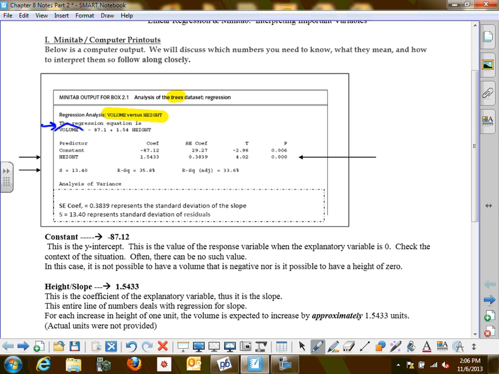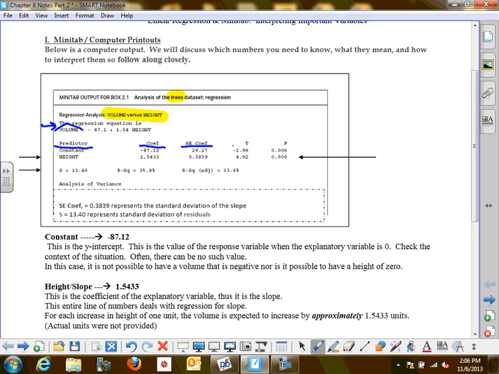Okay. This next section is actually 5 columns, and each one of these columns has a header. This is the predictor, so it has 2 things underneath it. This column is about coefficients. This column is about the standard error of the coefficients.